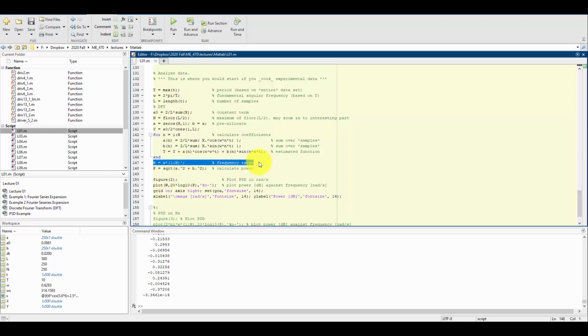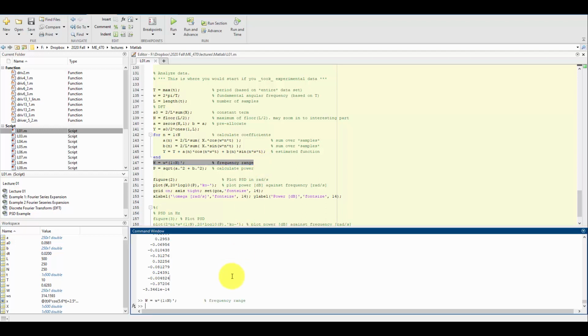My capital W in my code is going to be the corresponding frequencies to each of these A values and B values. And this will be in radians per second. Okay, so let's see the W. So the largest frequency is going to be that 157.08. And notice that is half my sampling frequency. That's always going to be the case.